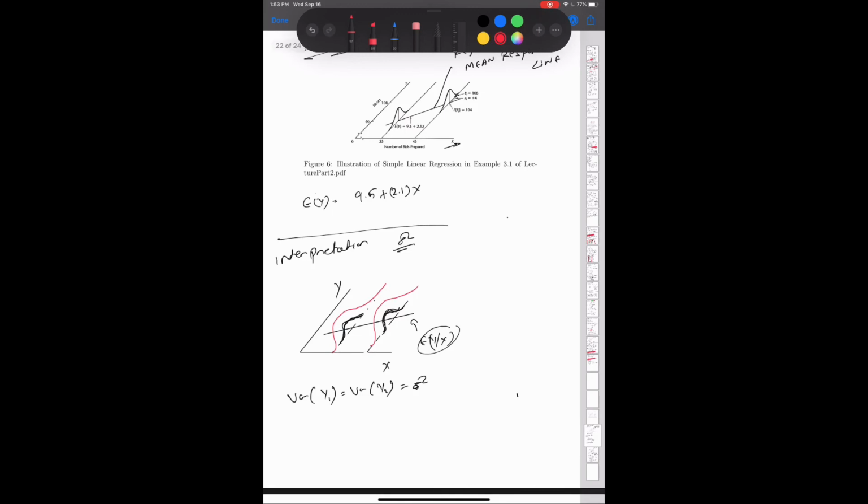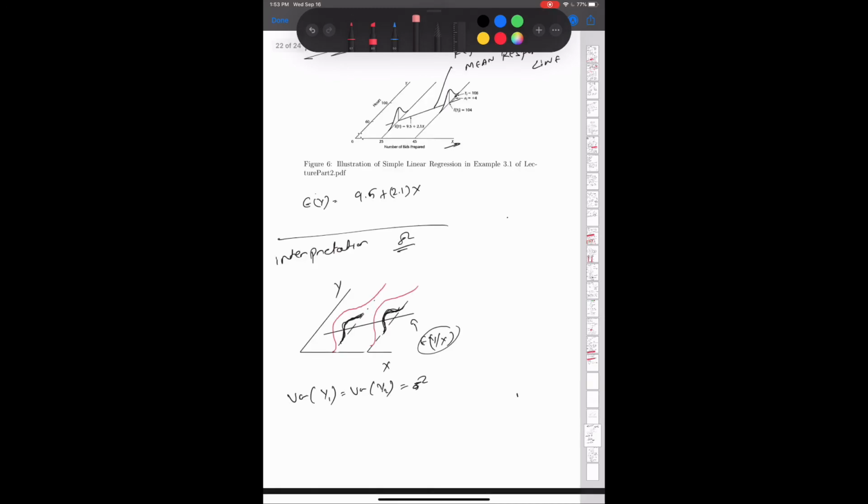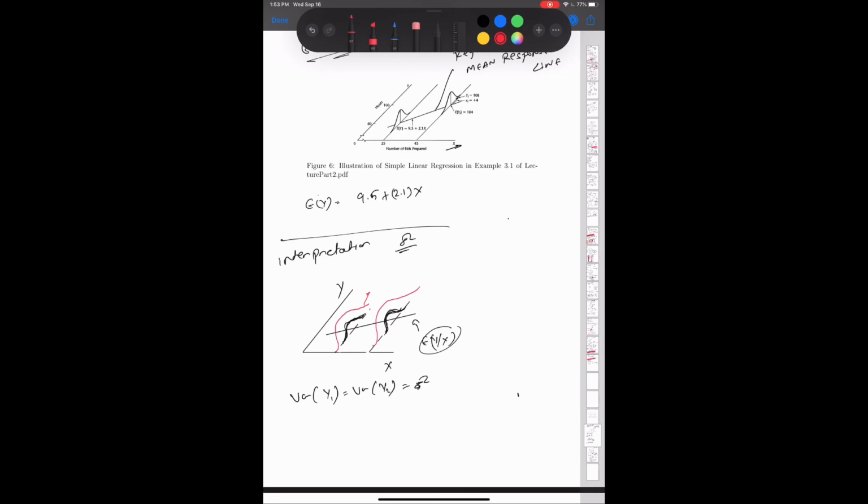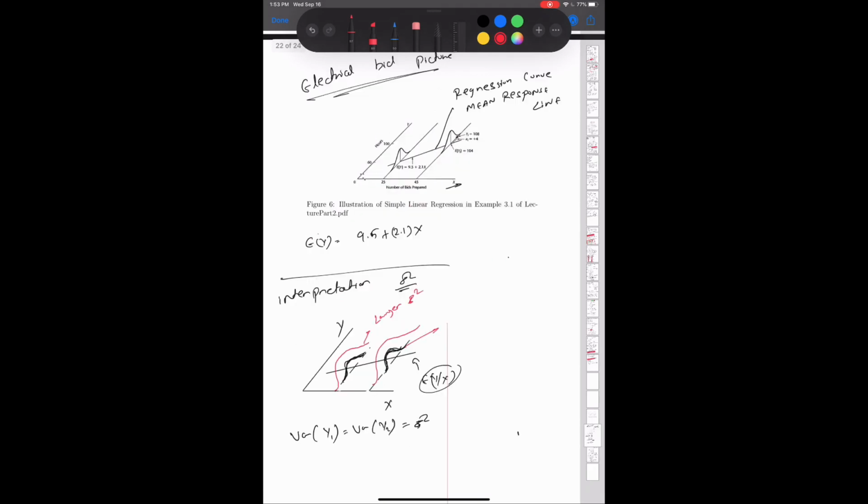Sorry guys. Okay, that's better. So this corresponds to larger sigma square, and this is smaller sigma square.